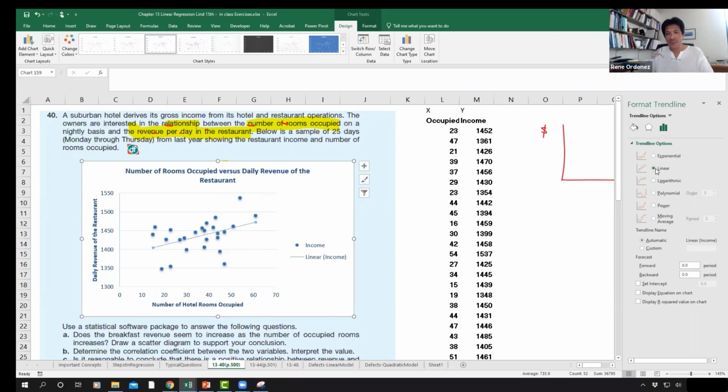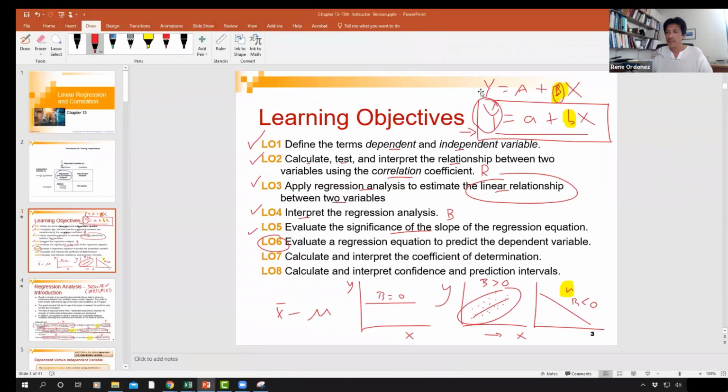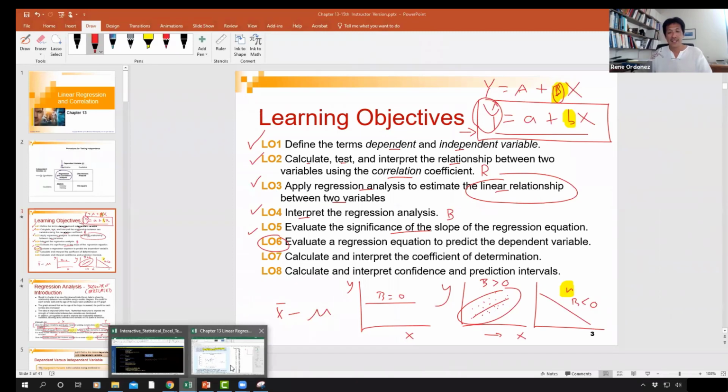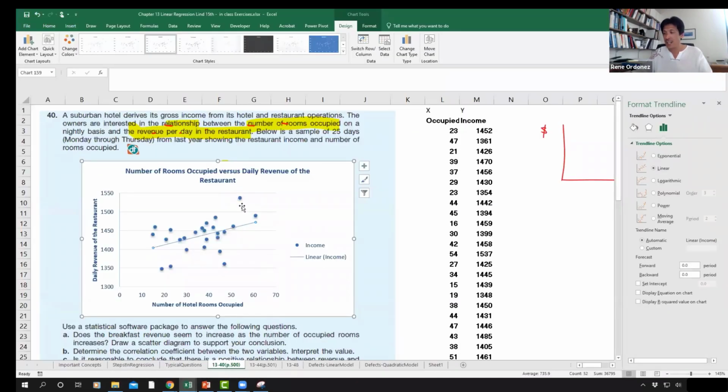Now, for now, let's investigate the linear model, okay? Because that's what chapter 13 is about. Simple linear model. For this line, we said that we want to compute the y-intercept and compute the slope. All right, Excel can do that easily for us.